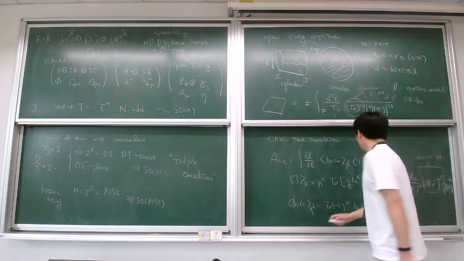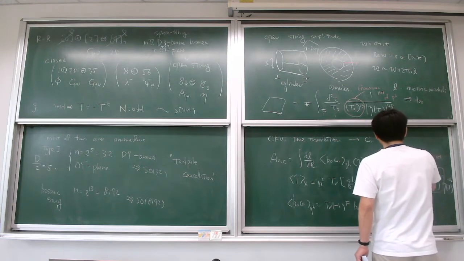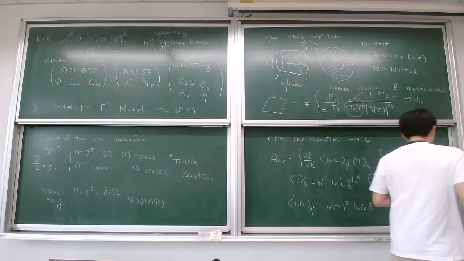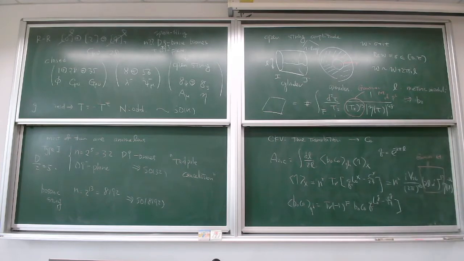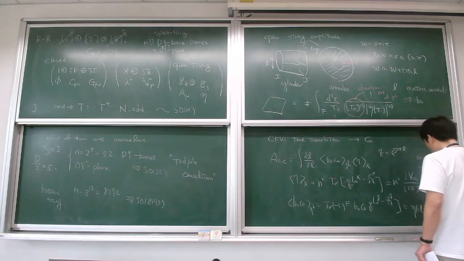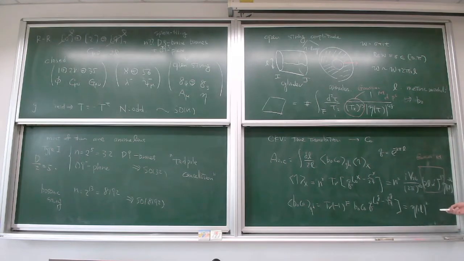So here, instead of q being e to the 2 pi i tau, now we have e to the minus 2 pi l. That is what we get from the bosonic sector. And in the fermionic sector you also have a similar thing, but it used to be theta 4, and now we only look at the holomorphic sector, so you have eta squared. So that is what we get.